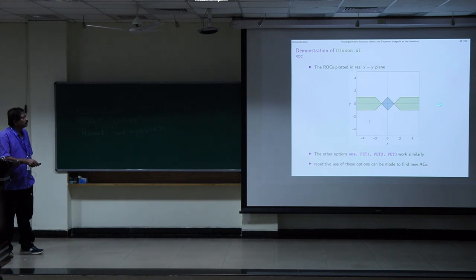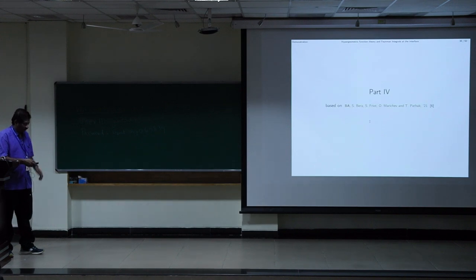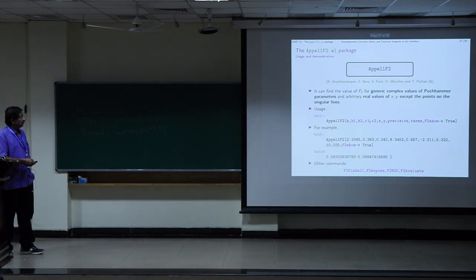Of course, this is still only a small part of this xy plane. Then you have to use yet another analytic continuation and go elsewhere. Basically, you can cover everything for the function F2 except the singular lines. By definition, singular lines are there where you cannot find anything that converges. So that's how it is, and we re-express all the answers in terms of the building blocks of hypergeometric functions.